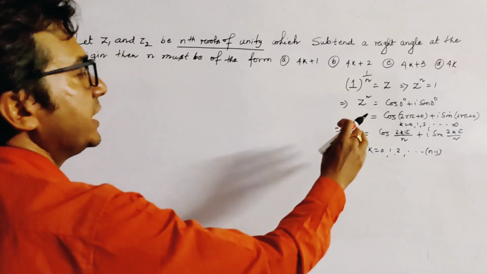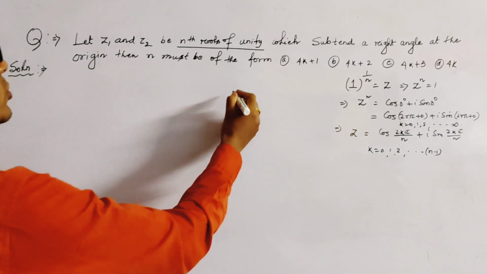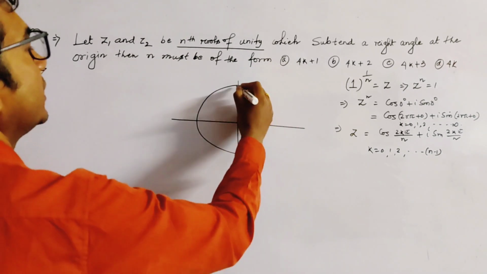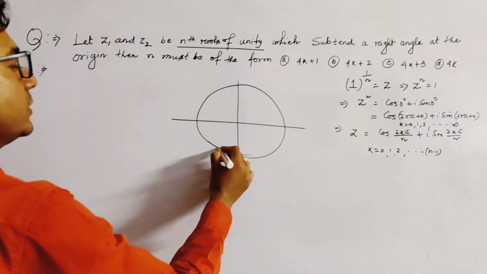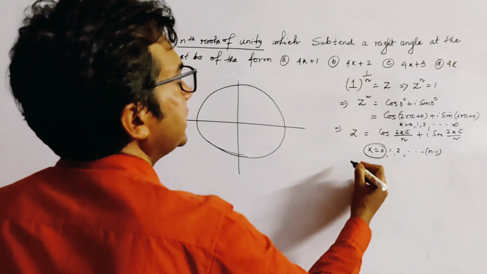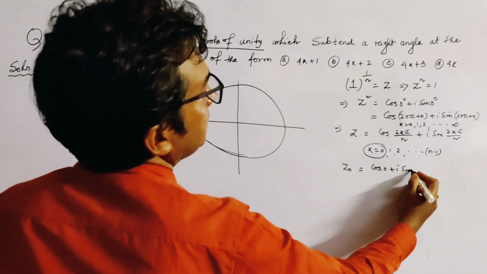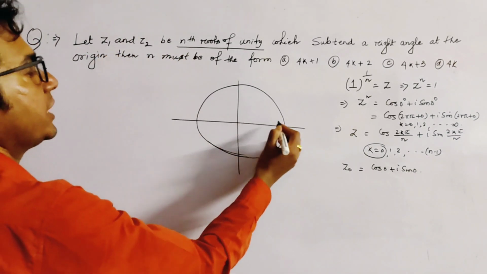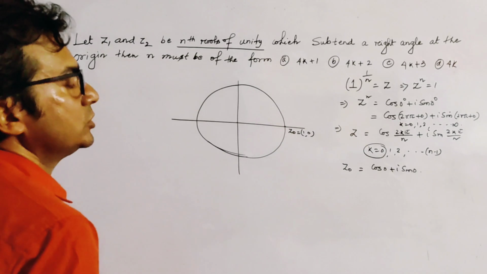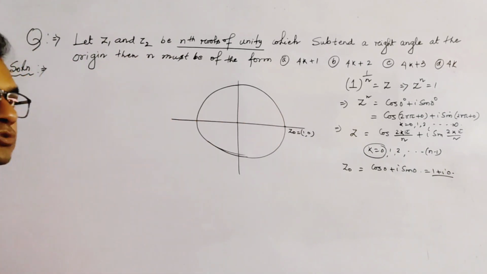Now we put these n complex numbers in the complex plane. This is the complex plane, and we draw a circle of radius 1. If we take k equal to 0, then the complex number z0 is cos 0 plus i sin 0, that is 1 plus i0, written as (1, 0).